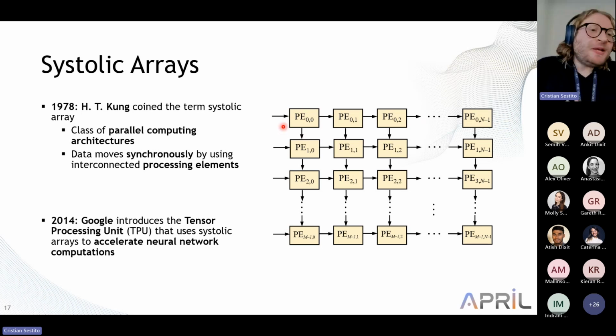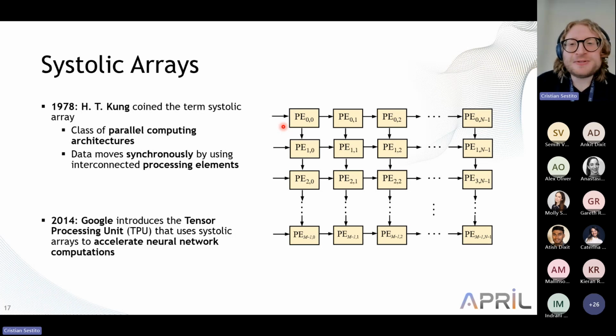Between 1978 and the emergence of deep learning, there was a sort of steady state for systolic arrays, so there wasn't much interest in using them. But with the rise of the deep learning era, there was a boom in their usage. I would say Google is probably the most representative player that introduced their usage in the tensor processing unit.